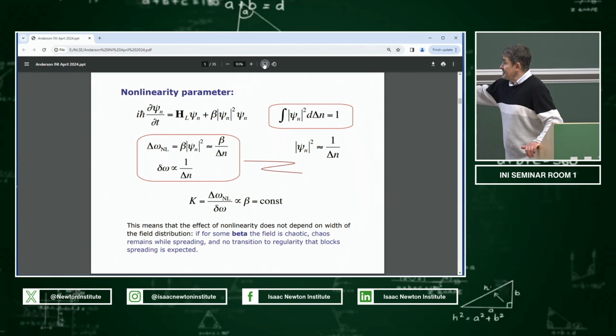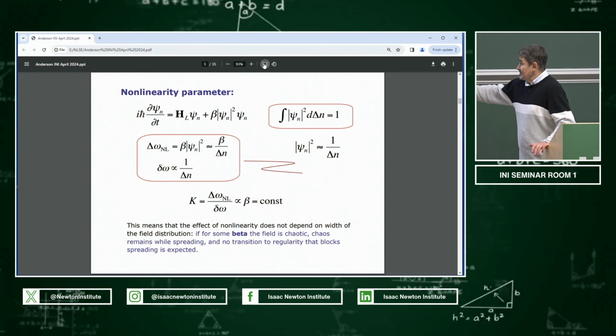So if beta is large from the outset, then your Chirikov parameter is large, which means that you have chaos here, and then the relative effect of this chaos will not qualitatively depend on the width of the field distribution. So if it is there, it is there. It spreads. If it is chaotic for some reason at the initial stage, it will remain chaotic.